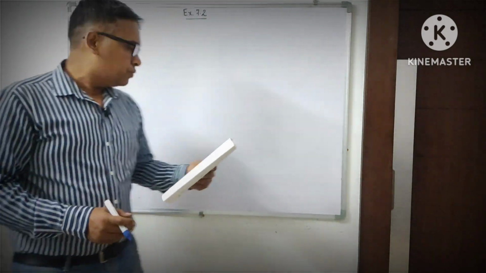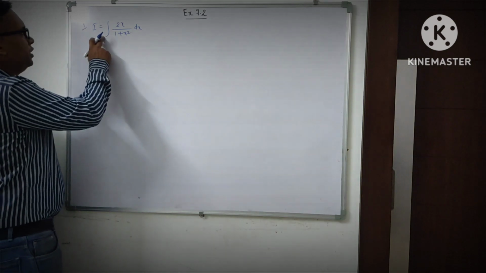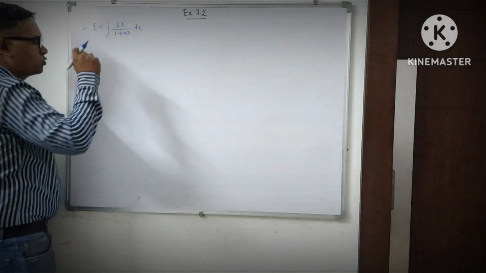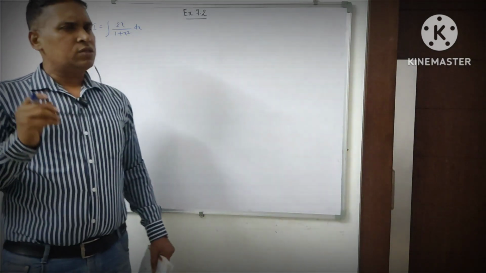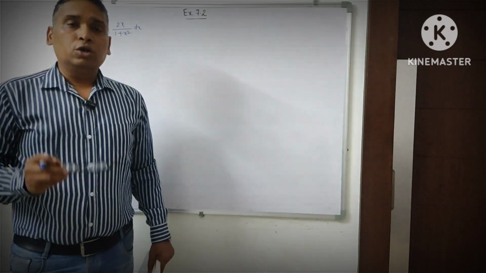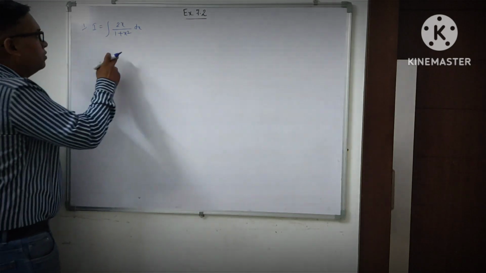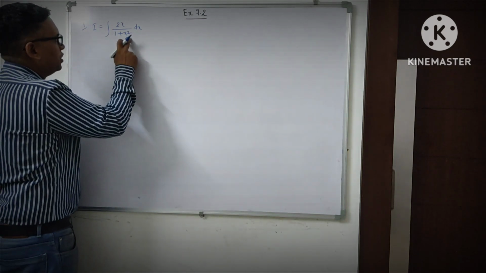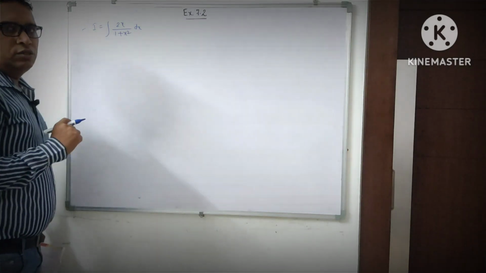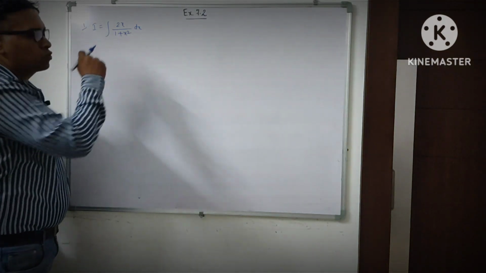Exercise 7.2. The first question, I is equal to integration 2x upon 1 plus x square. Now, a very simple method which we can use to crack especially the MCQs is that if we go through the differentiation of the denominator part, in the denominator we have 1 plus x square.